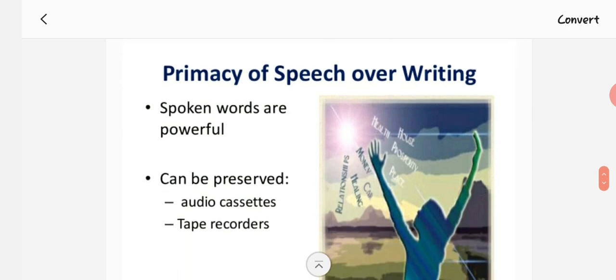The primacy of speech over writing is that spoken words are powerful and can be preserved, in audio cassettes, tape recorders, etc. But we cannot deny the importance of writing as well. Both the speaking way and the writing way are equally helpful for us.